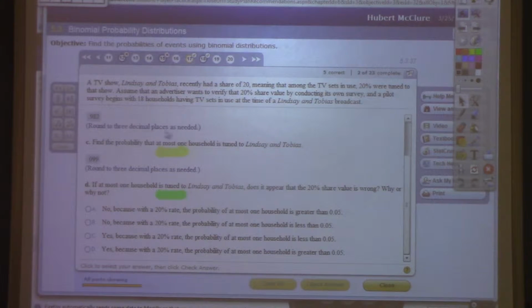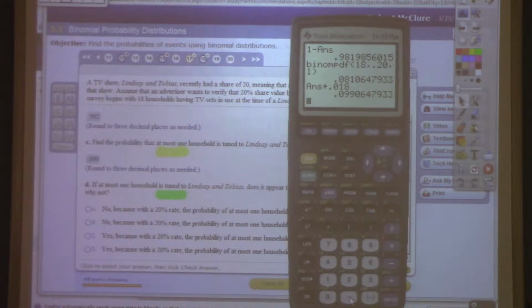So somebody take the new, which is 0.099, minus 0.20. I'll do it. 0.099 minus 0.2 divided by parentheses 0.2.